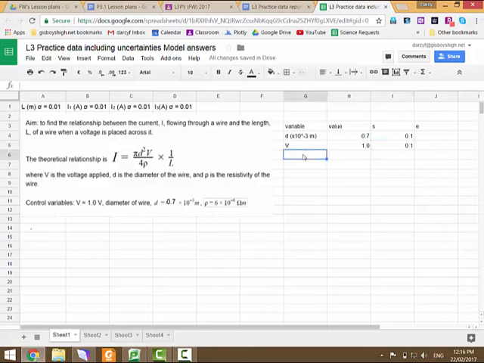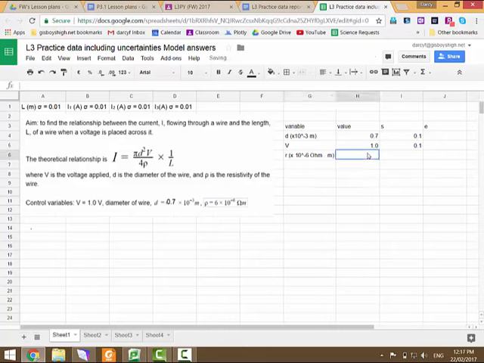And rho, I can't write rho using this, so I'm going to call it R, and that's times 10 to the negative 6 ohm meters. That's 6, and I'm going to say that's plus or minus 0.1 as well. So first we need to know what the percentage error is.